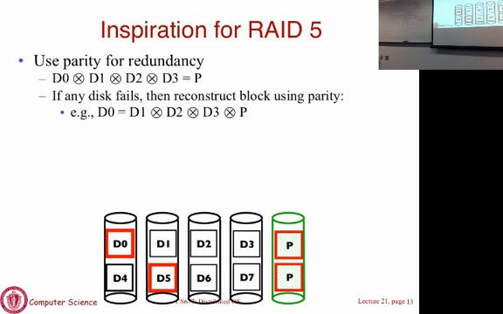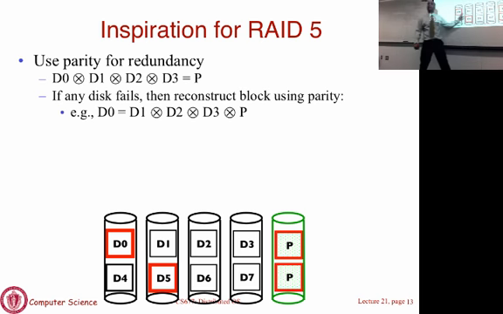Writes are a lot more complicated in this system. Reads are straightforward. If there is no failure, a single read is a single read here. If there's a failure, a single read becomes the read of the entire parity group. But writes are always more complicated, because you have to do what is called a read-modify-write. You read the parity group, modify the block that you're writing to, recompute the parity block, and write back.